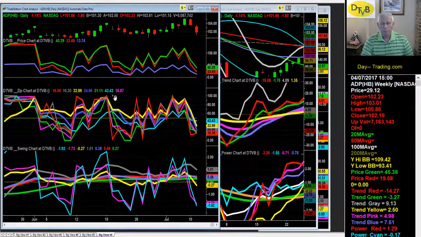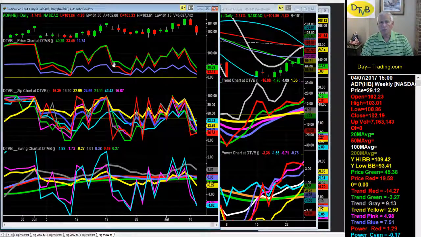Swing pink is very quick to change directions. It's a leading indicator. And Zip Zion is also a price barometer along with zip pink and the 3 price lines. So there's 5 price barometers. They track right with the price.